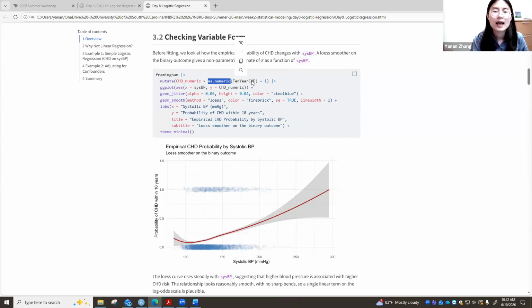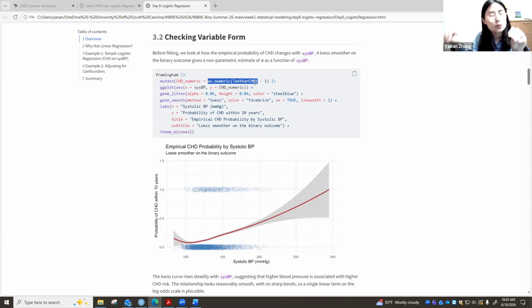Any values, for all the levels of the factors, will be coded as 1, 2, 3, 4, and so on and so forth. We know the coronary heart disease levels start with no disease and then with disease. So no disease will be coded as 1, and with disease will be coded as 2.